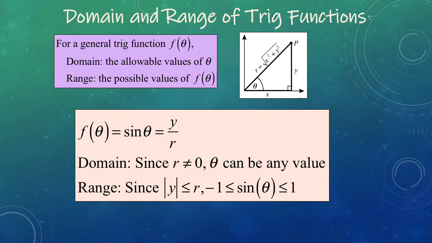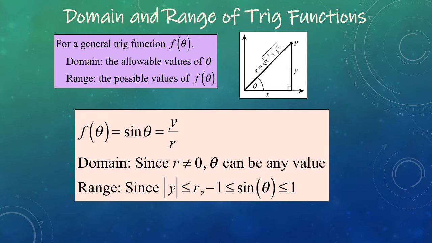Let's start with sine theta, which is defined as y over r. For the domain, since r is never equal to 0, that means that theta can be any value, and therefore we can take the sine of any angle. For the range, realize that the denominator r must be greater than or equal to any value of y.